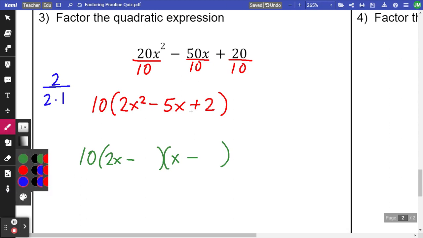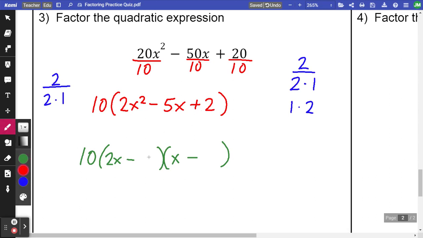Now to finish this off, we need to look at the other factors of 2, which are just 2 and 1. But when we were looking at the factors of c, they need to switch placements, so 2 and 1 and 1 and 2. And now we just need to strategically place them so that they add up to -5 in some way.